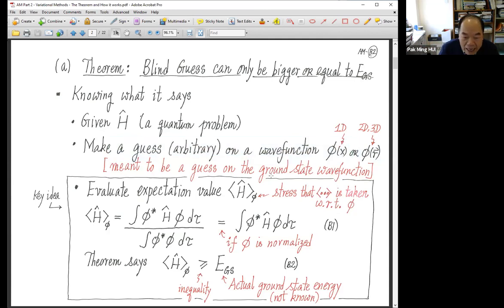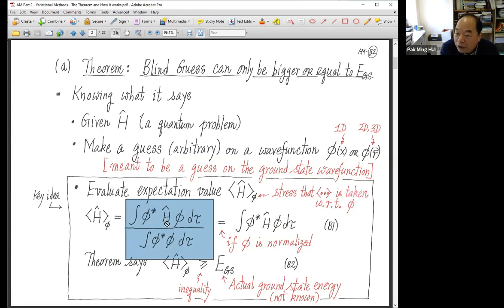Okay, then the theorem goes: you evaluate the energy expectation value. For those who need to be reminded what this expression is: you are given a problem, H is given.